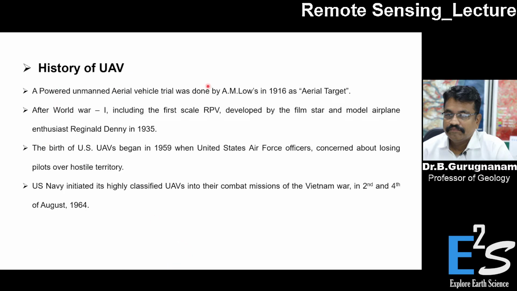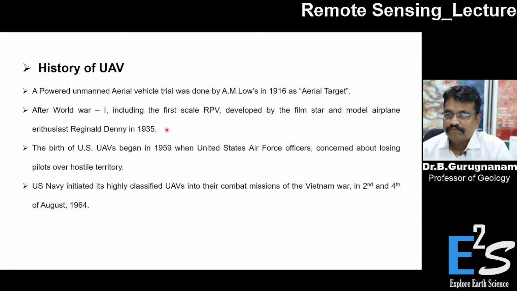When you search the history of unmanned aerial vehicles, a powered UAV trial was done by a scientist, Laws, in 1916, almost nearly a decade, as an aerial target. After World War One, the first scale RPV was developed by film star and model airplane enthusiast Reginald Denny in 1935.